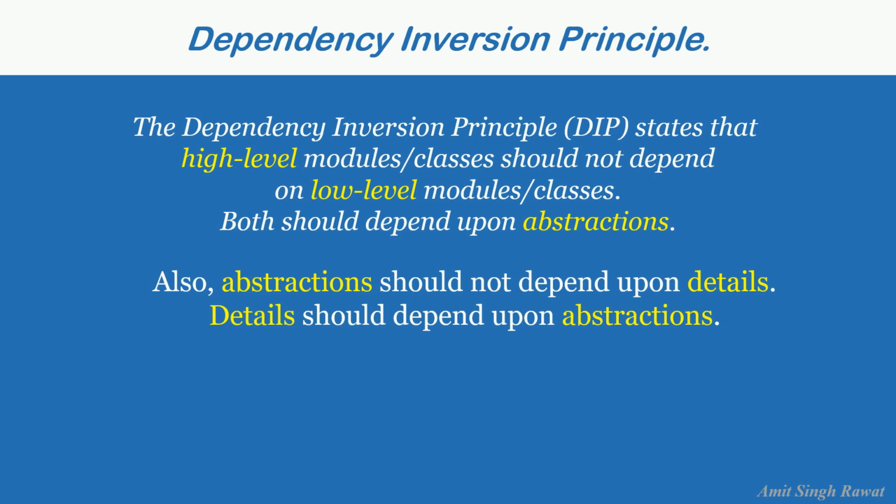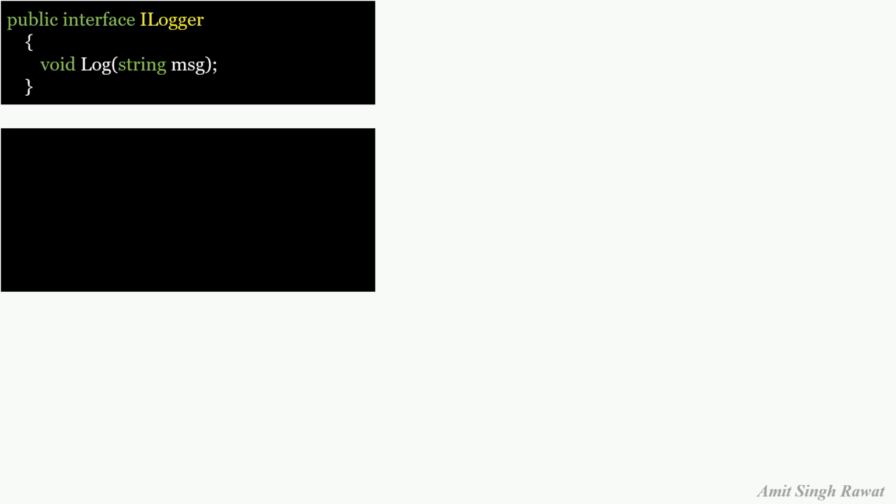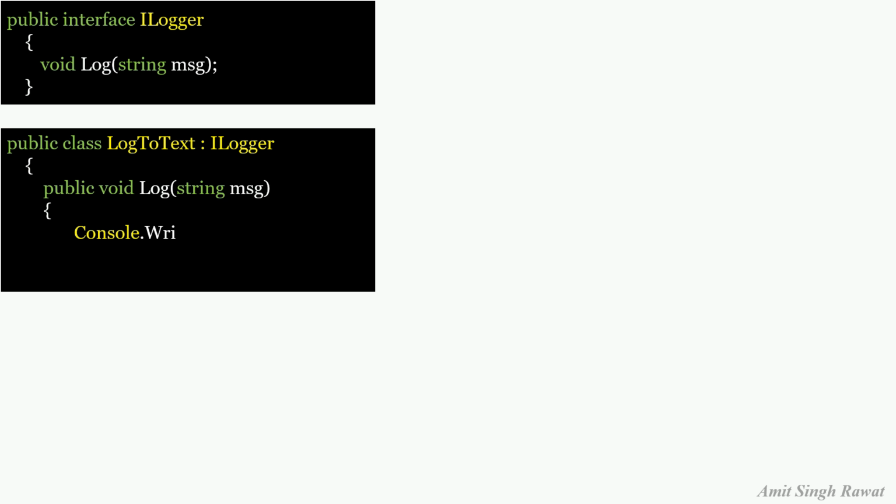All right. So let's refactor our code according to DIP. First create an interface, public interface ILogger, void Log(string message). Then create our LogToText class, public class LogToText, and that class will inherit from ILogger. Next is the method public void Log(string message), Console.WriteLine(message), and that's it.